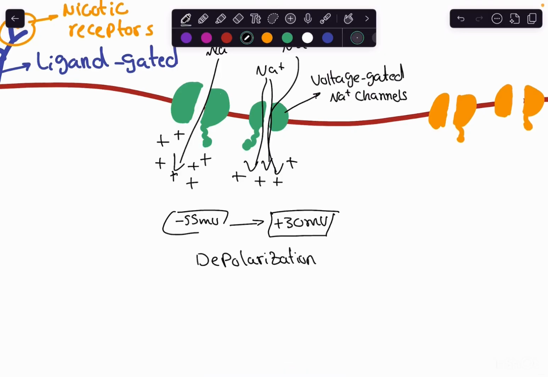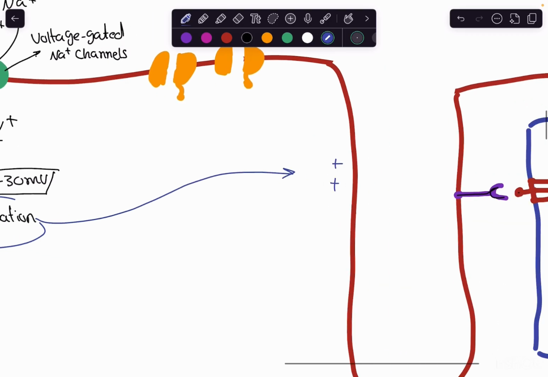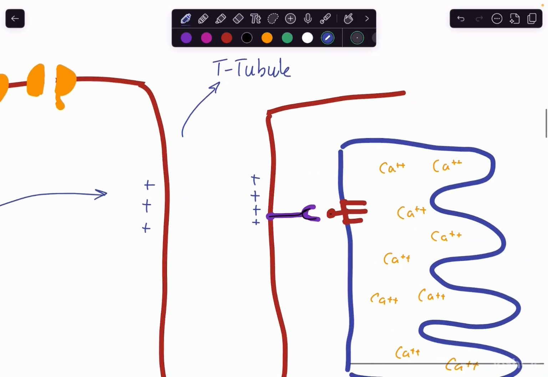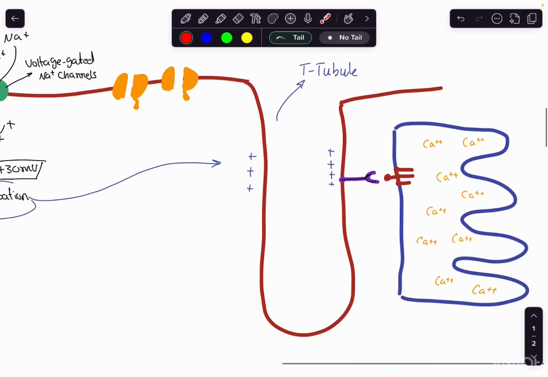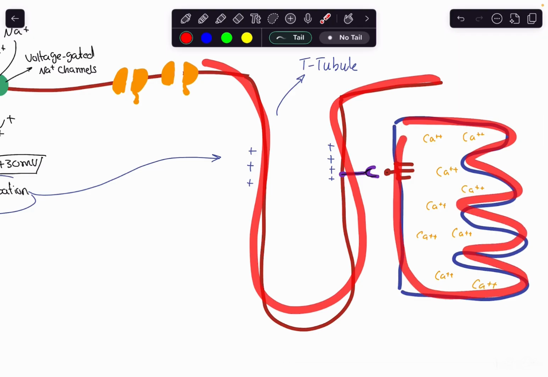So once the inside of the cell is depolarized, this depolarization wave travels along this structure here in the cell, and this structure is called the T-tubule. Just to give some orientation, this is the T-tubule right here, and this structure is called the sarcoplasmic reticulum.